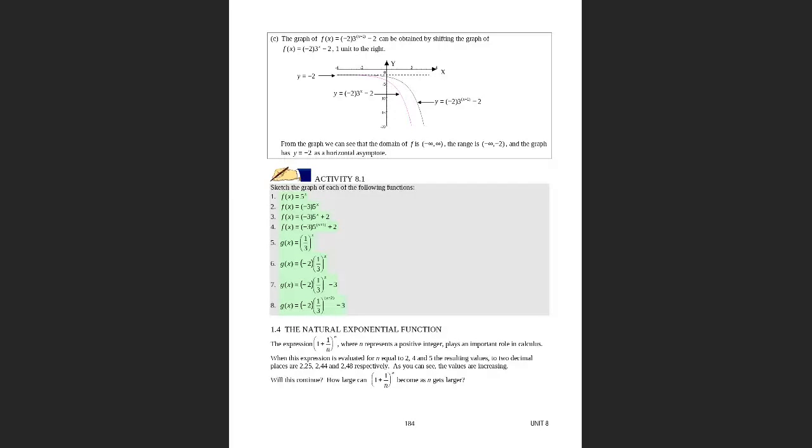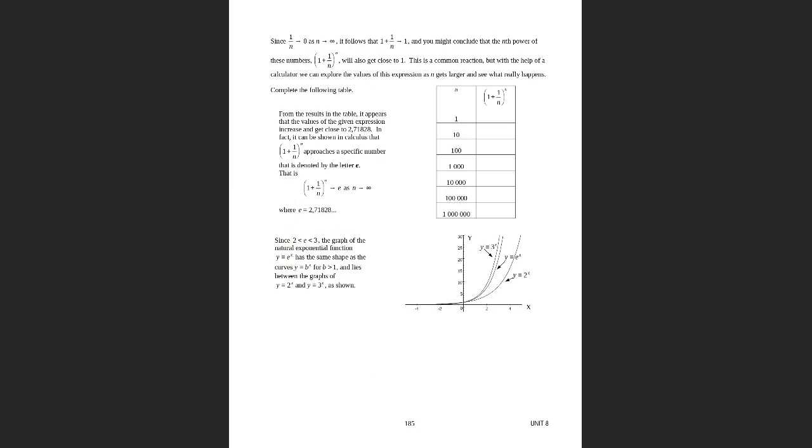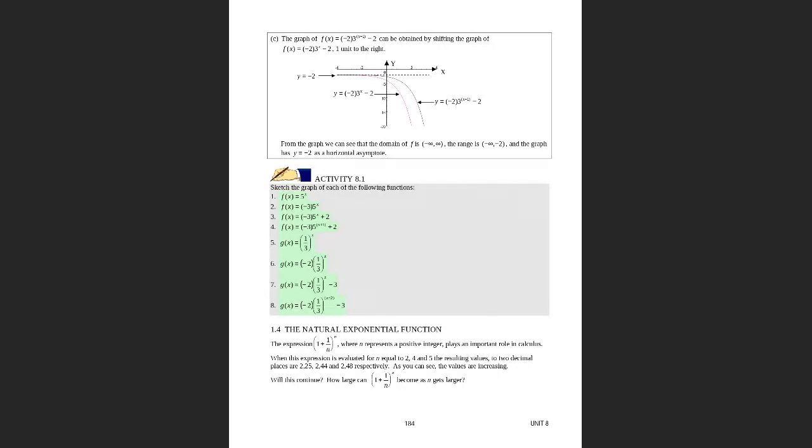Please, the next thing we'll talk about is what we call the natural log. I don't want to bother you with the theory of how we got the natural log. On your graph, you will see something like this: y equals e exponent x, and it's called the natural log.